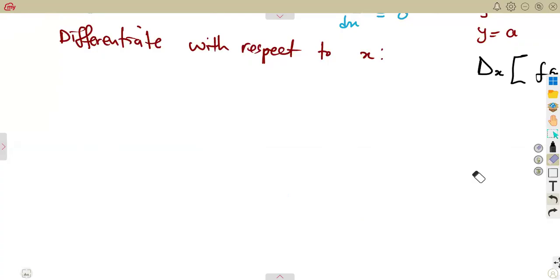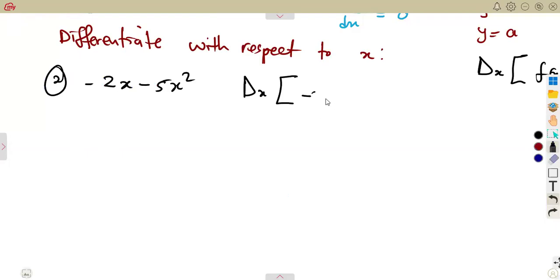All right, so like I said, we've got different questions to consider. Let's say we are given minus 2x minus 5x squared. So meaning to say the derivative with respect to x of this expression that you're given, negative 2x, negative 5x squared.